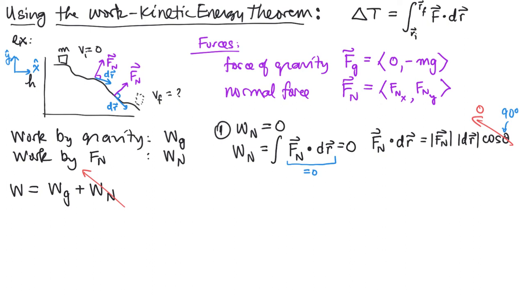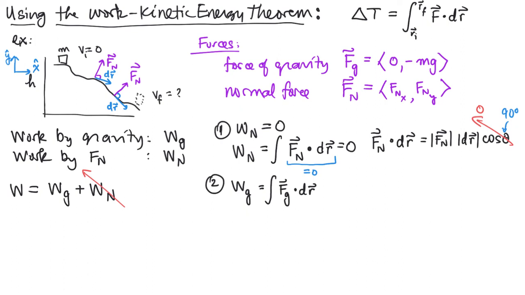Okay, next we have the gravitational force. Now that one we're actually going to have to calculate out. And recall we have an expression for Fg. The key idea is that Fg has no x component, only has a y component.